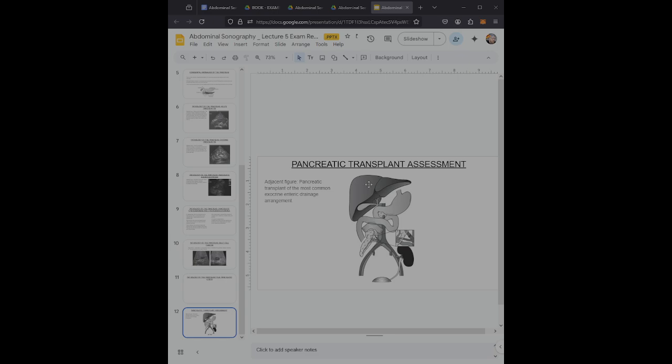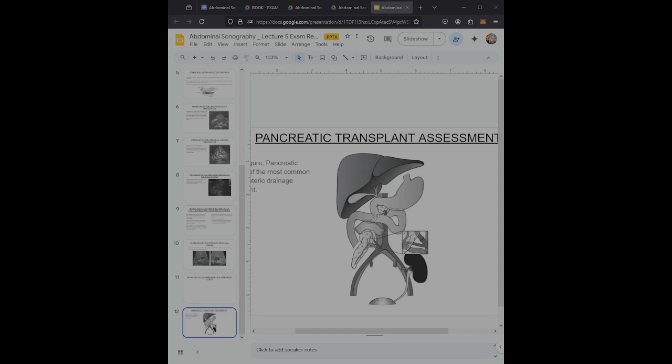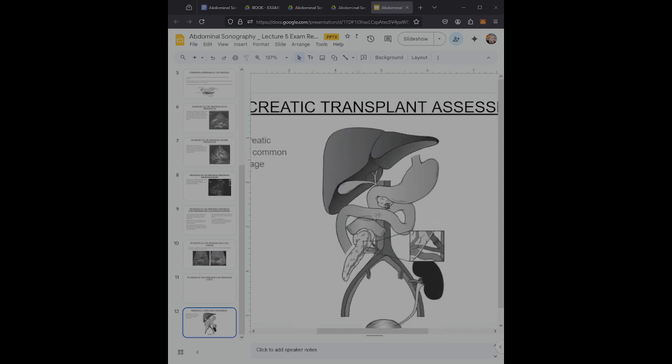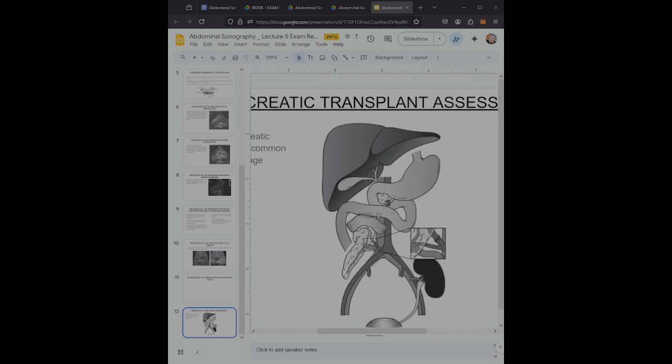And here is an image of transplant of the exocrine enteric drainage. And within exocrine enteric drainage, we have the donor duodenum anastomosed to a loop of jejunum, and we have the splenic as well as the superior mesenteric arteries connected with the donor iliac arteries.